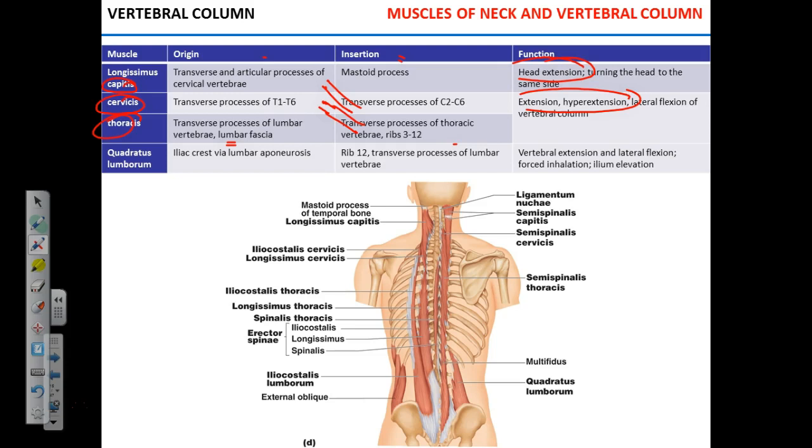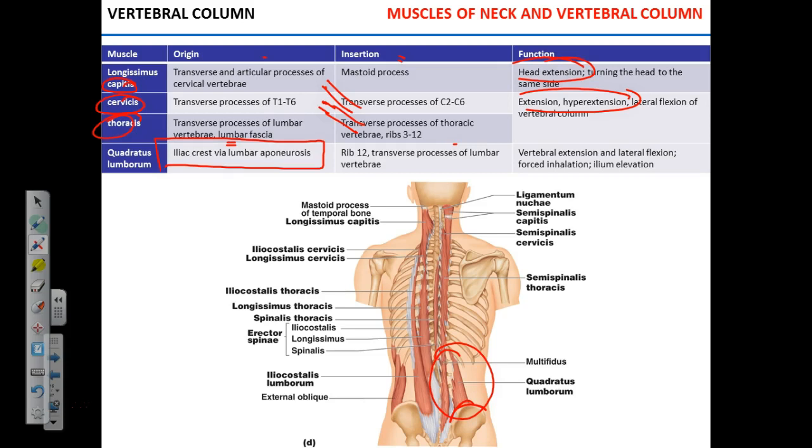Quadratus lumborum, a pretty large muscle that stabilizes your vertebral column. Okay? Its origin is the iliac crest. Let me see if we can. No, not on this guy.